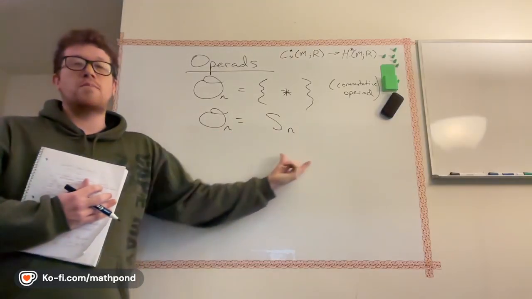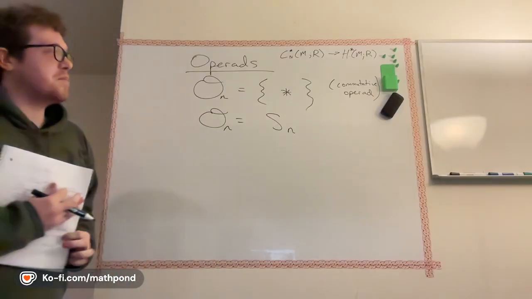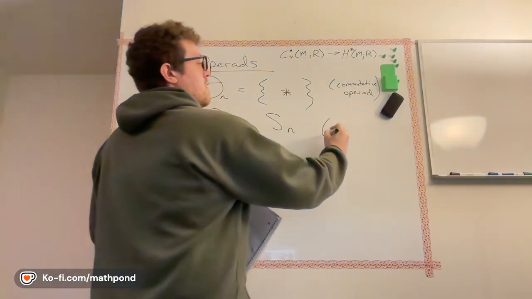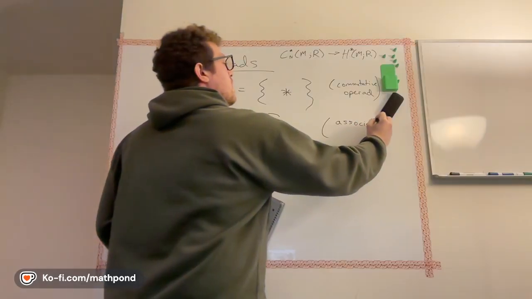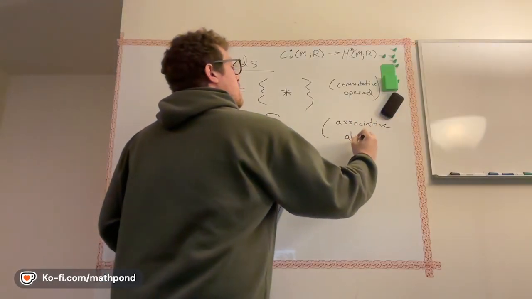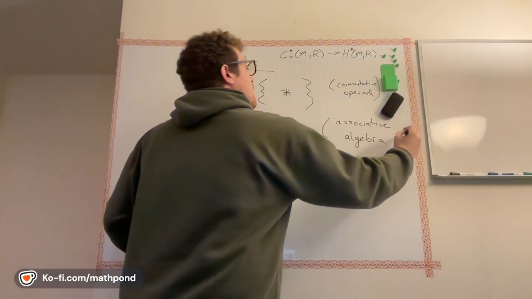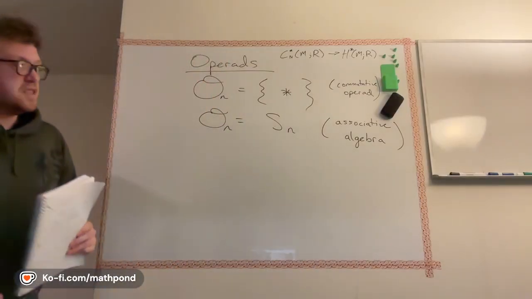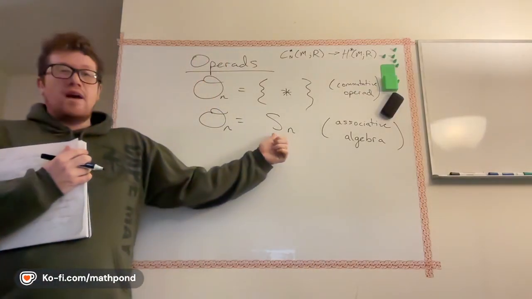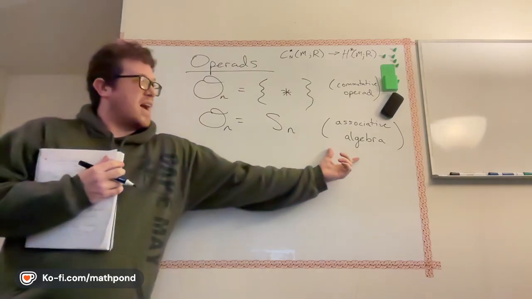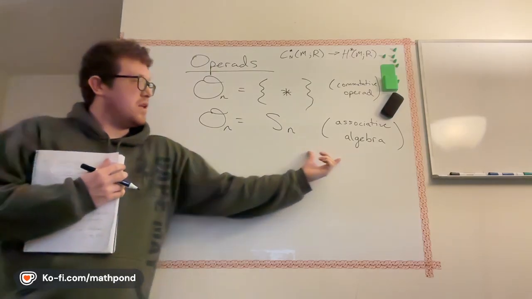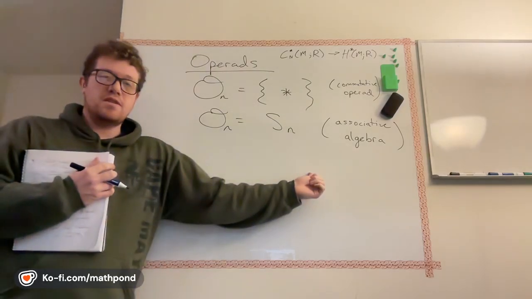I can give you any permutation. So this represents an associative algebra. Because if I have an algebra over this operad, it says, okay, give me a permutation of the elements, then the bracketing doesn't matter. All I need to know is the order of the elements, and then I can multiply them.